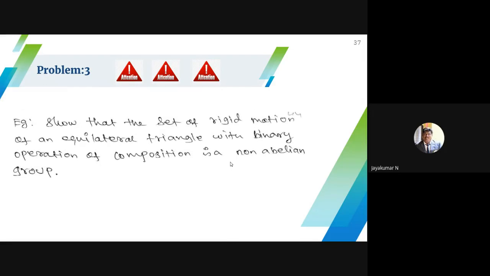So, show that the set of all rigid motions of an equilateral triangle with the binary operation of composition is a non-abelian group. Okay, this is what they asked last year as an 8 mark problem in your university question paper: show that the set of all rigid motions of an equilateral triangle with the binary operation of permutation composition is a non-abelian group.